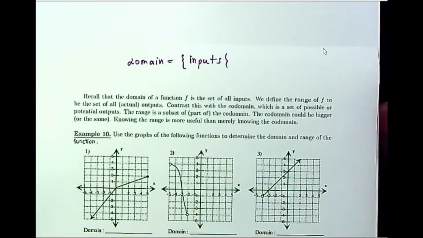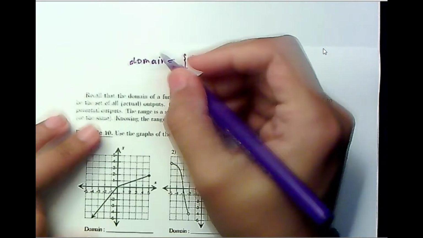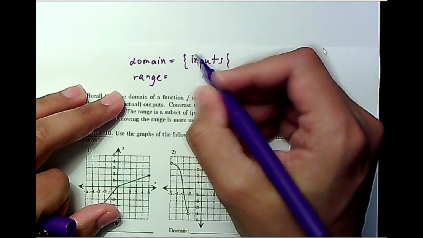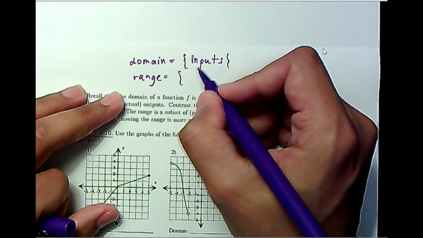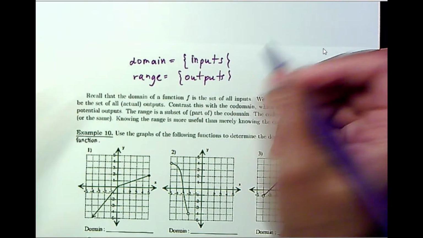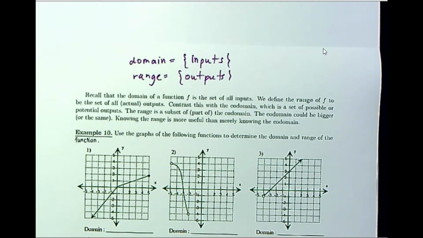The codomain, if you remember when we defined that, that was the set of all possible outputs. But the range, which is now the new concept, is the set of all actual outputs. Right, so the codomain is the set of all possible outputs.